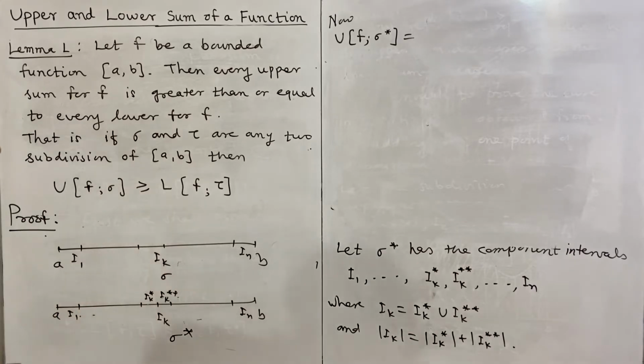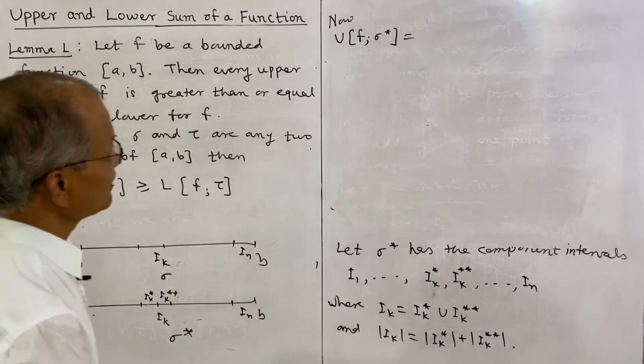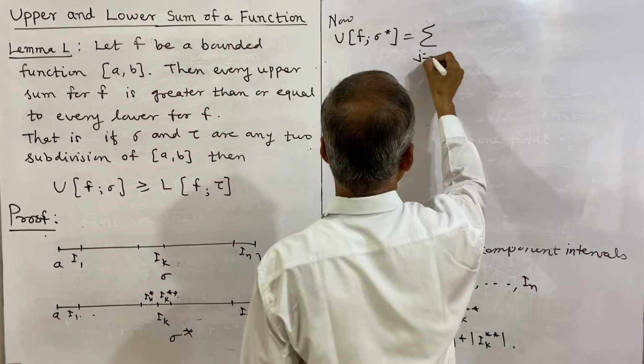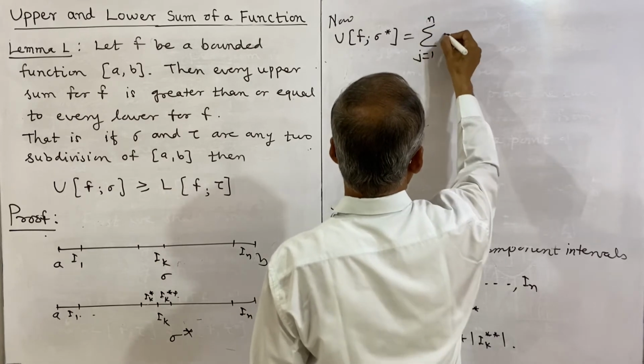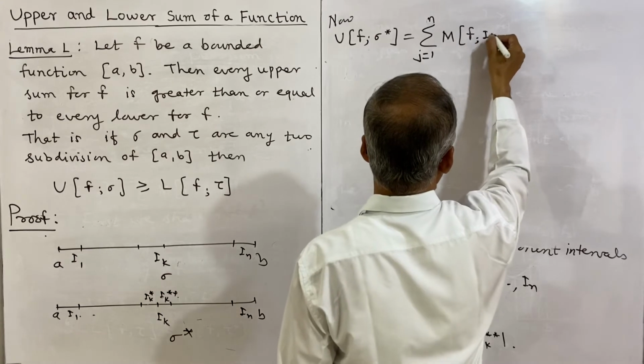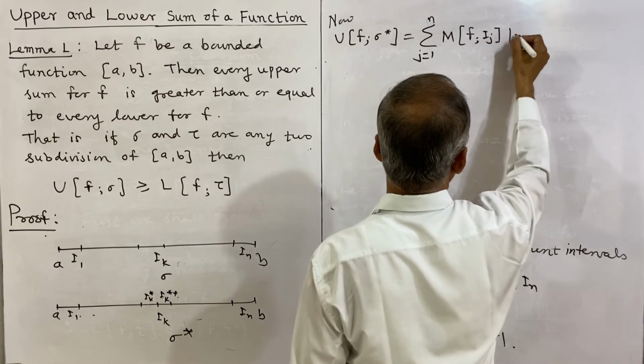By definition, we can write this in summation notation as summation j takes value 1 to n, maximum value of f on Ij into length of Ij.